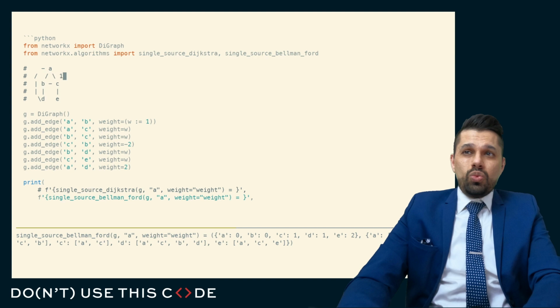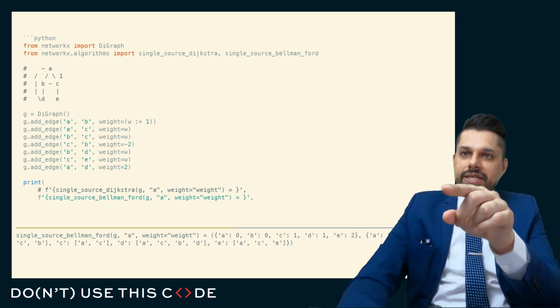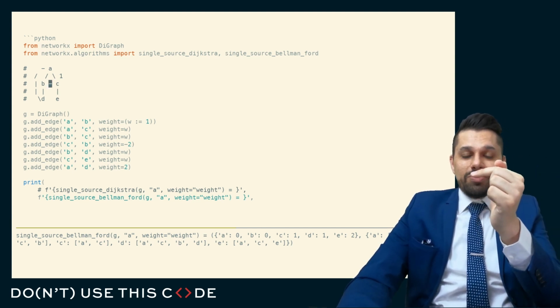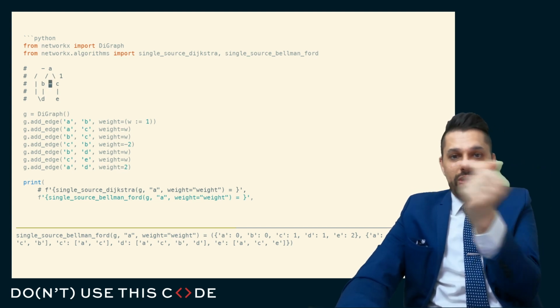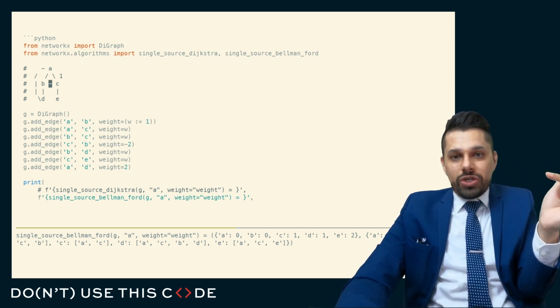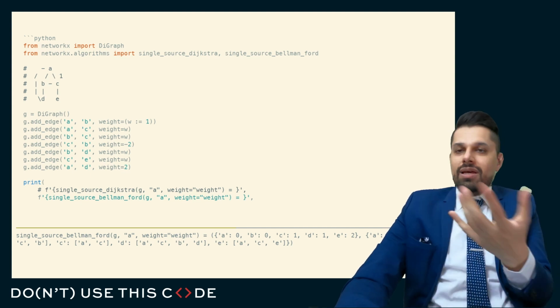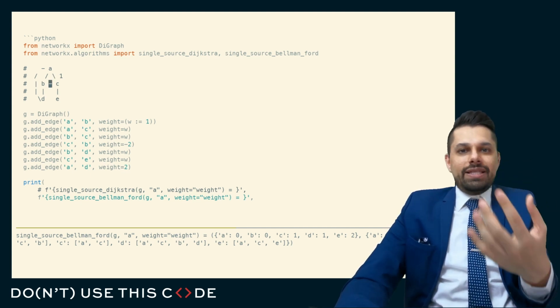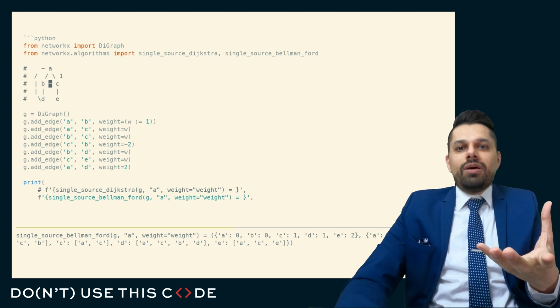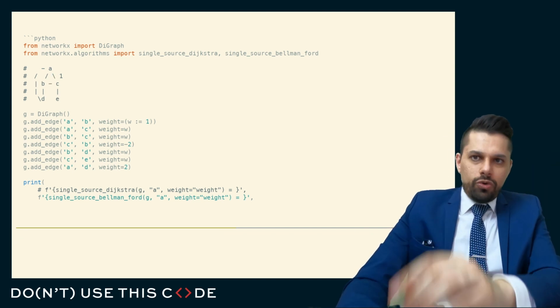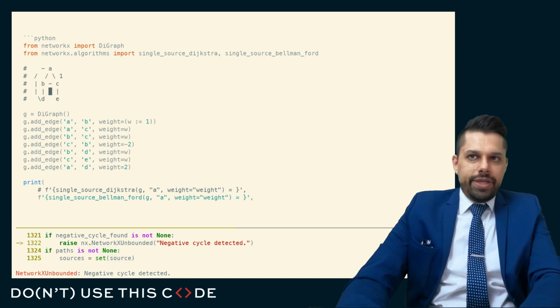Because remember, to go from B to C is a weight of 1, and to go from C to B is -2. So here is where I found an exploit in the system. If I just bounce back and forth between B and C, every time I make one transfer from B to C, I subtract 1 from my overall cost. So the shortest path is always going to be get to C, and then bounce back and forth an infinite number of times, and you get an infinitely negative path. And so Bellman-Ford will actually blow up in this case and say there's a negative cycle detected.